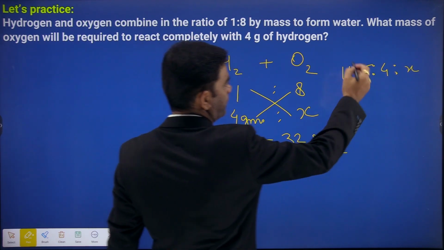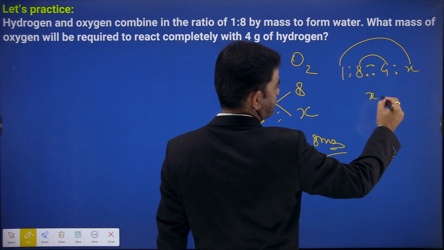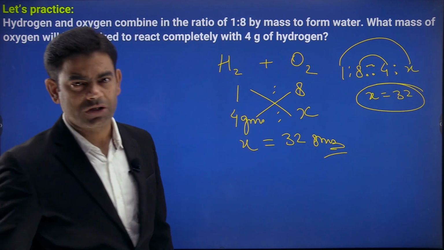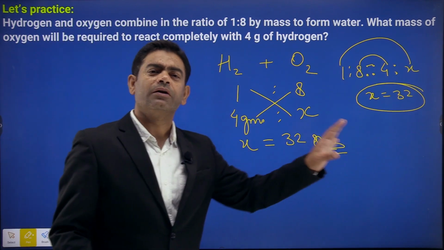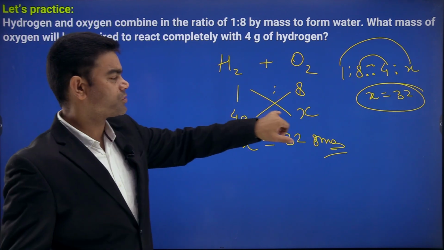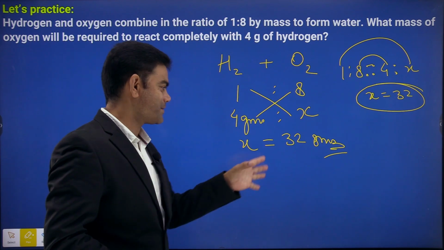I can here also do product of the extremes equals product of the means. x into 1 is x equals 32. अगर आप मैथ्स का रेशियो एंड प्रोपोर्शन यूज करना चाहते हो वो यूज कर सकते हो, नहीं तो यहाँ पे रेशियो में लिखा, कितना दिया हुआ है, किसको रिक्वायर्ड है, you put it over there, then cross multiply, you are going to get your answer. तो x is 32 grams.